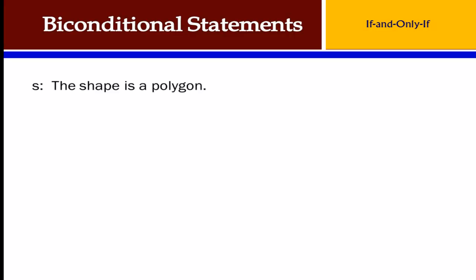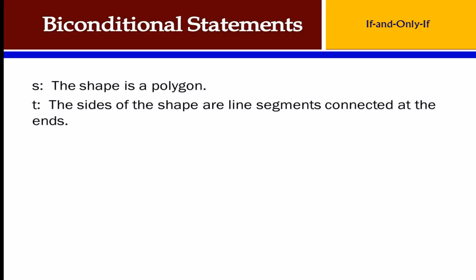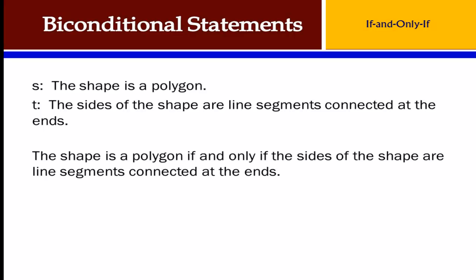Simple statement S, the shape is a polygon. Simple statement T, the sides of the shape are line segments connected at the ends. The shape is a polygon if and only if the sides of the shape are line segments connected at the ends.